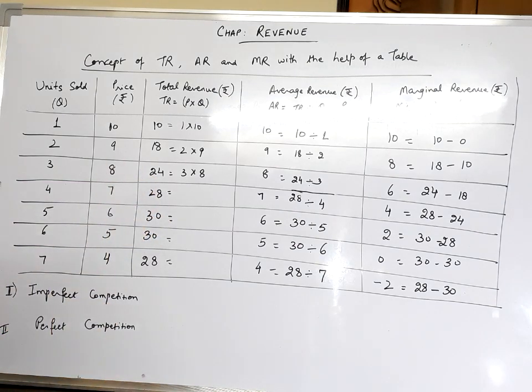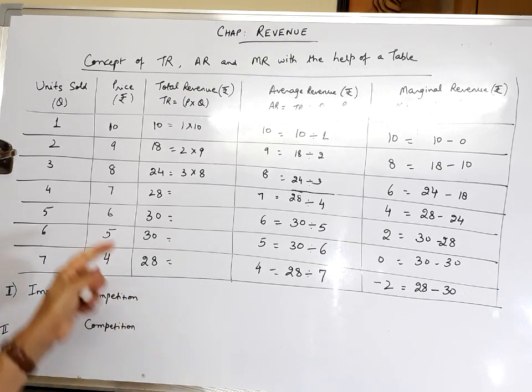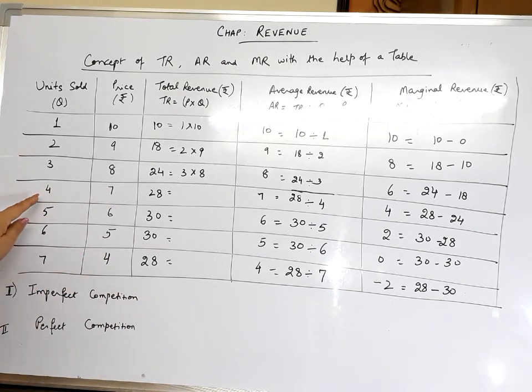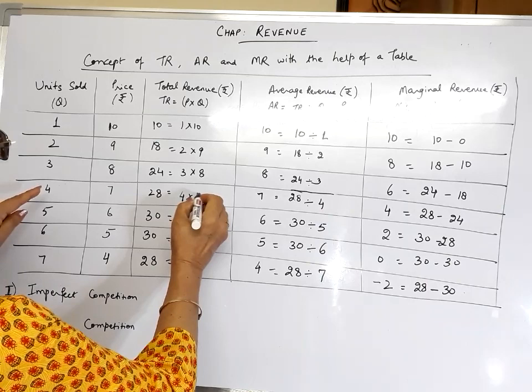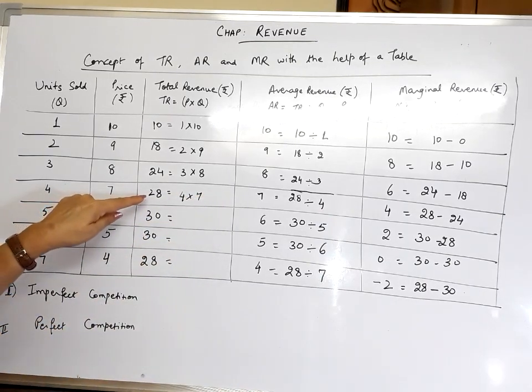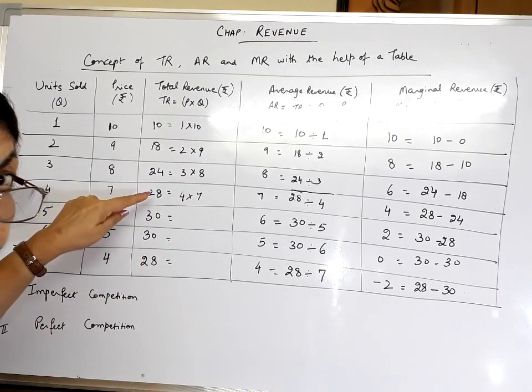Again, we reduce the price per unit to rupees 7 per unit. Therefore, for 4 units of output, the value of total revenue is 28 rupees.